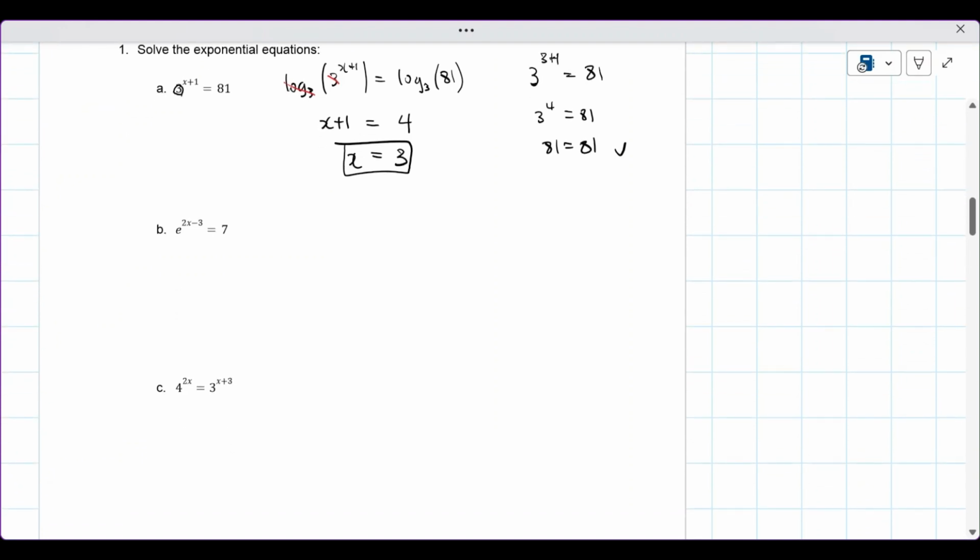Second question, this time the base is e. So let's do a ln on both sides, the natural logarithm on both sides. So the ln and the base e will cancel out.